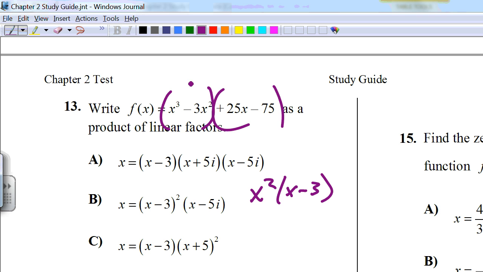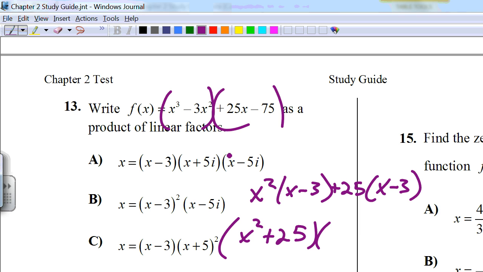Now look at these. If I factor out 25, I get x minus 3. So I have x squared plus 25 and x minus 3. All right, product of linear factors, which means we have to take that x squared down.